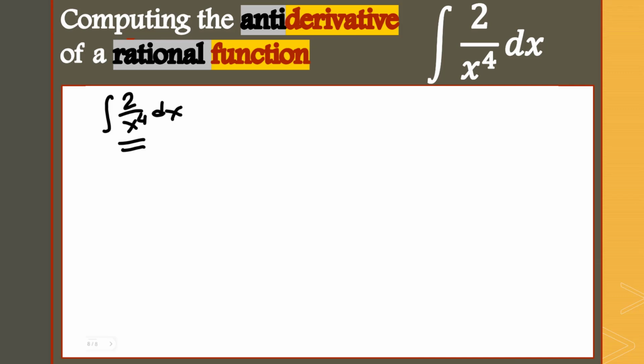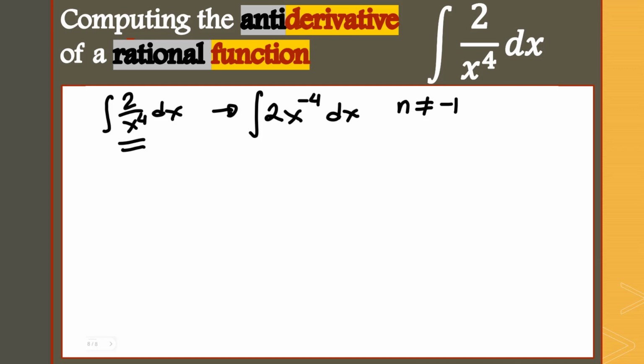But for this, we can rewrite this in this form, the integral of 2, and as we apply the law of negative exponent, you can have x to the power of -4 dx. Take note that our n as the exponent for x is not equal to -1, hence we can use here the power rule.